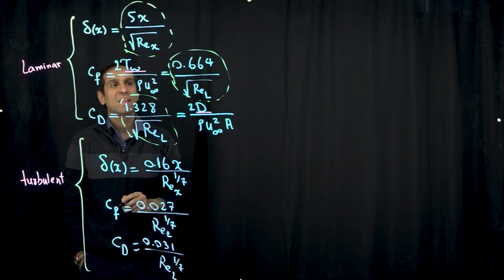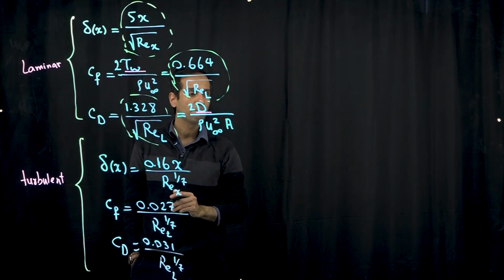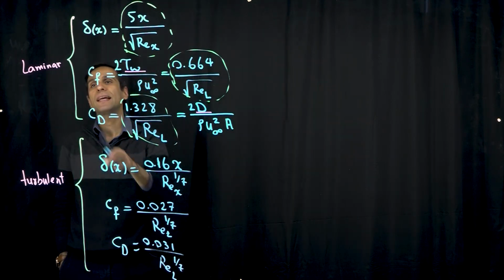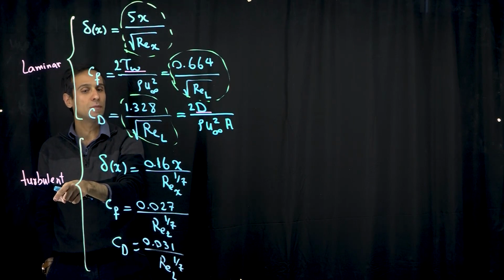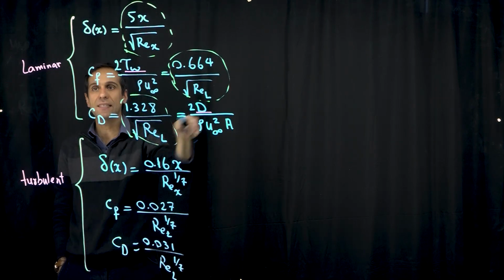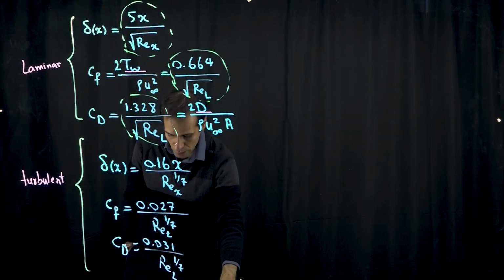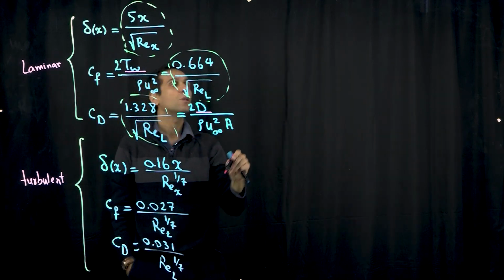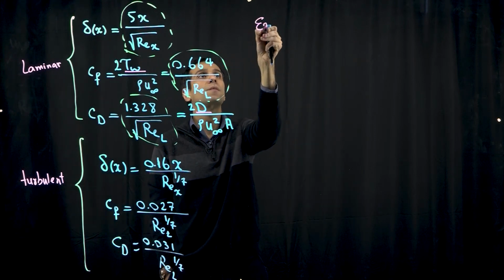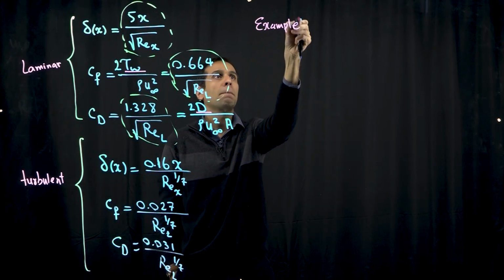So when the problem is given, we need to find whether the flow is laminar or turbulent. Therefore, we can use this set of equations, or alternatively, this set of equations. So let me solve one example to clarify it.